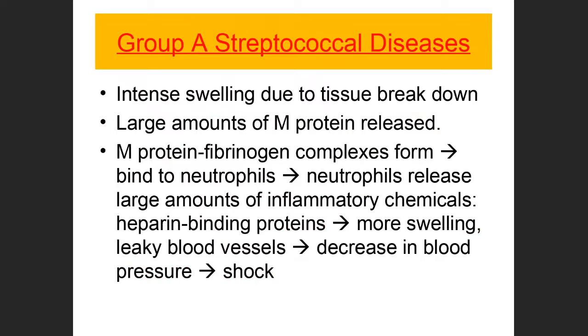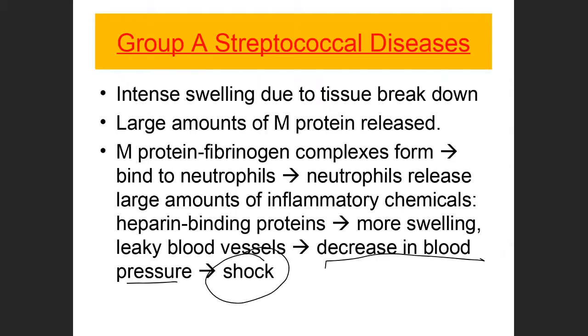Okay, so essentially what we call flesh-eating bacteria is this uncontrollable immune response and inflammation that is going to be destroying tissue very quickly, ultimately causing a decrease in blood pressure and shock.